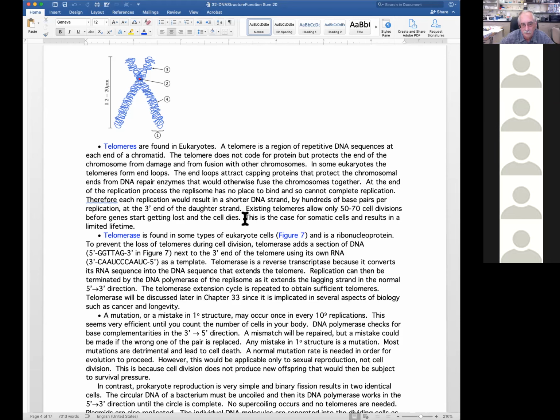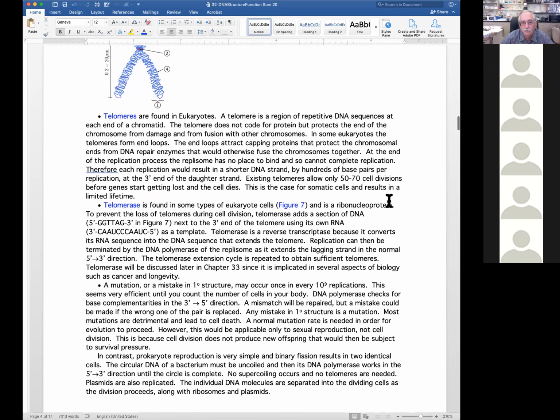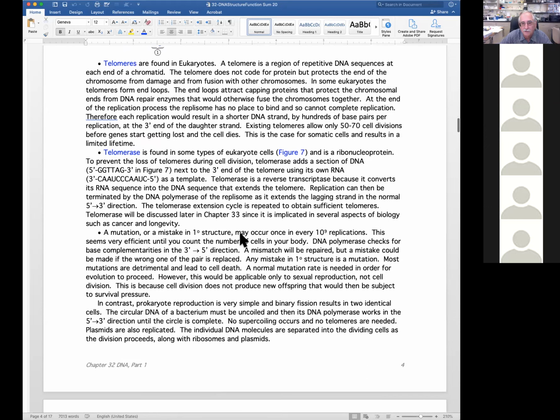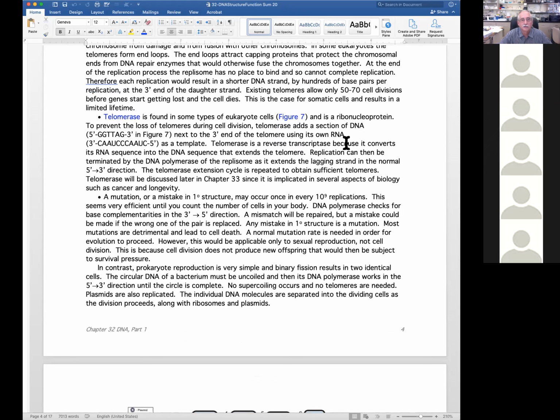But some cell types have telomerase enzyme. Telomerase is a ribonucleoprotein. So it's an enzyme, has some ribose on it, and it prevents the loss of telomeres during cell division. So what it does is it adds a section of DNA next to the 3' end using its own RNA as a template.